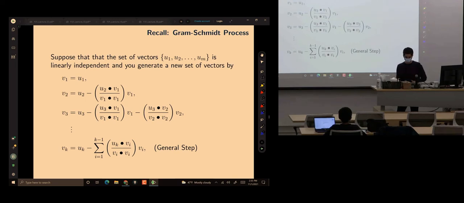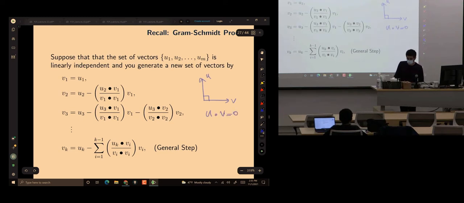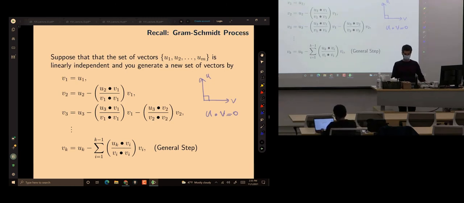Because when we learned the dot product, we realized that if two vectors are orthogonal, their dot product is 0. So the Gram-Schmidt process uses this notion to remove the overlapping part and generate a new set of vectors that are now orthogonal. So orthogonalization is the motivation for using the Gram-Schmidt process.